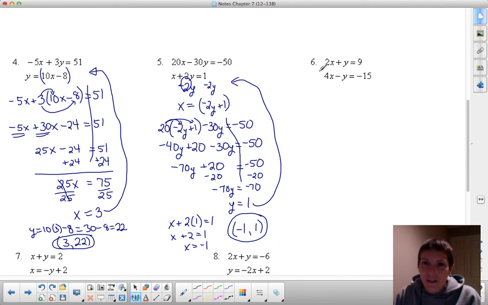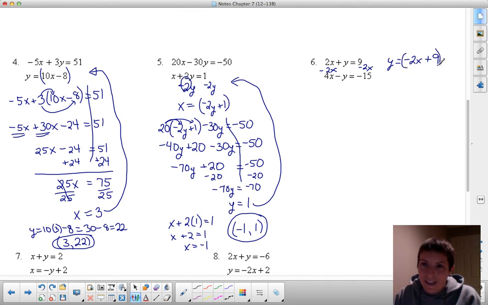I'm going to take that equation and subtract 2x from the left side and from the right side, so that I now have y equals negative 2x plus 9. That's my substitution.